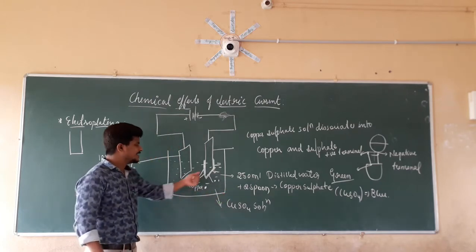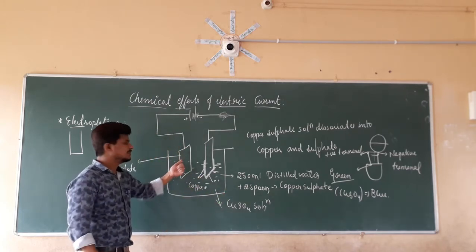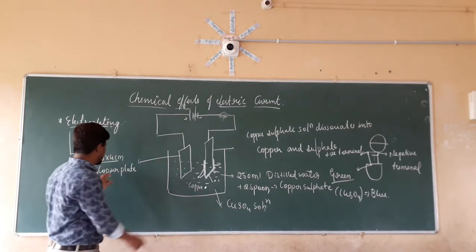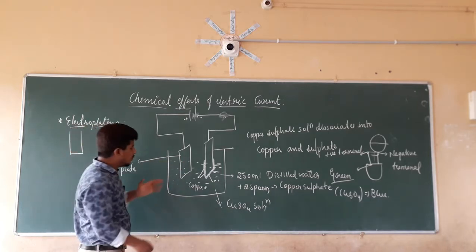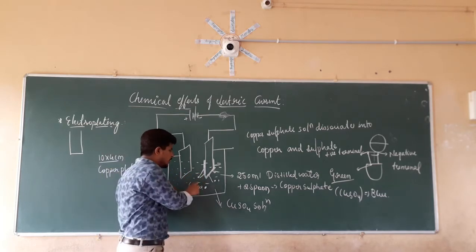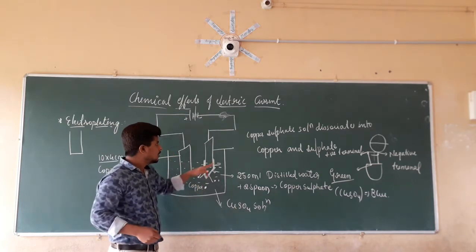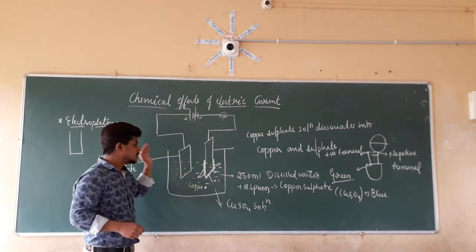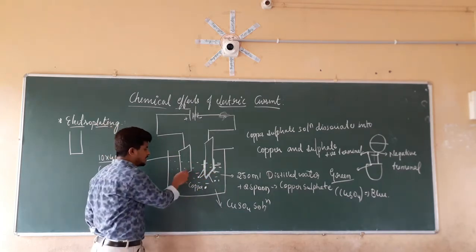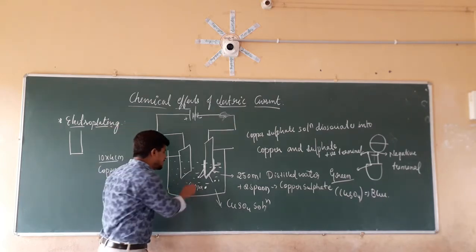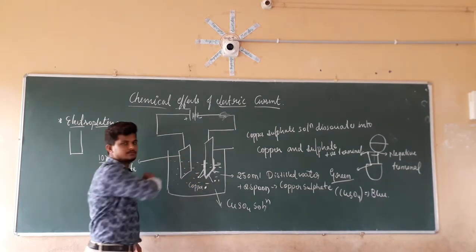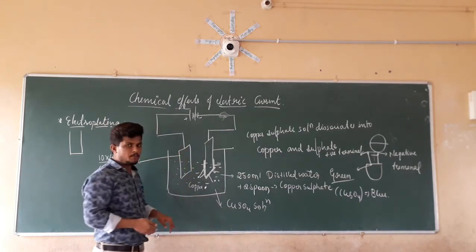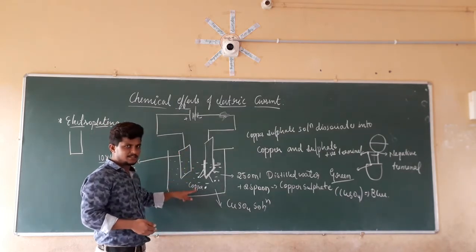So for that reason we are taking another electrode. This electrode is also made from copper only, right? Whatever the amount which is going to the negative terminal electrode, an equal amount of copper is going to dissolve in this solution from this electrode. This electrode is going to give the copper which is essential for this solution.